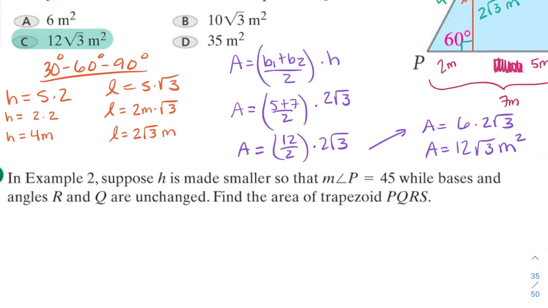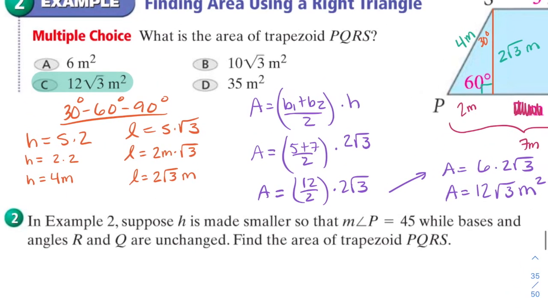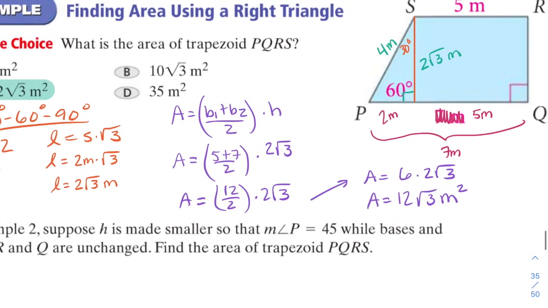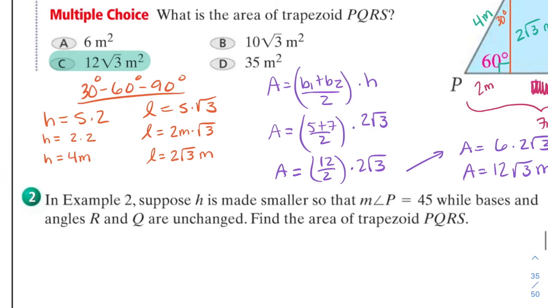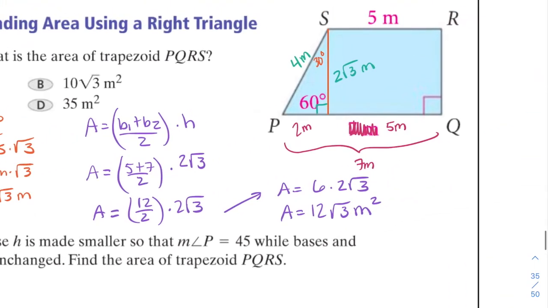So, all right, in example 2, suppose h is made smaller so the measure of angle P is 45, while bases and angles R and Q are unchanged. Okay, so if we don't change angles R and Q, they both stay right angles, right?